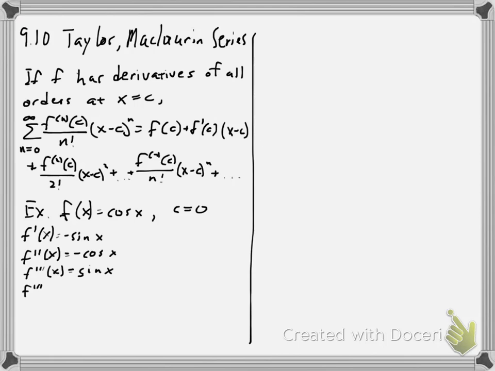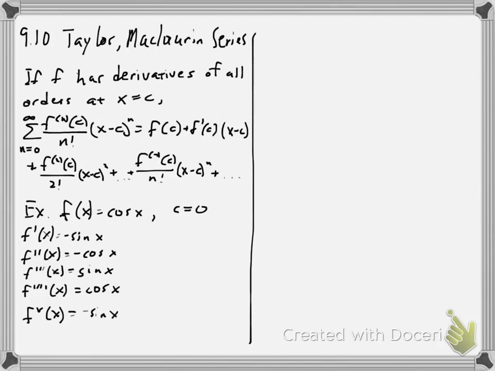The fourth derivative is cosine. As you can see, we would be cycling through the sine and cosine if we took more derivatives. I'll also write down the fifth derivative. Of course, it's minus sine.